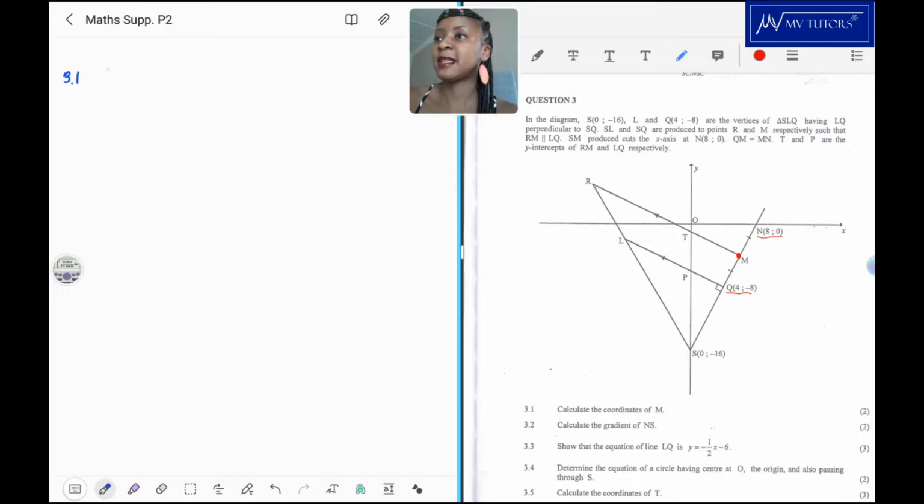Okay, so 3.1. The midpoint of M will be equal to the x-coordinate of Q plus the x-coordinate of N, all over 2, and we have the y-coordinate of Q plus the y-coordinate of N, all over 2.